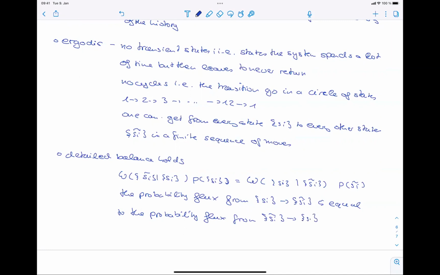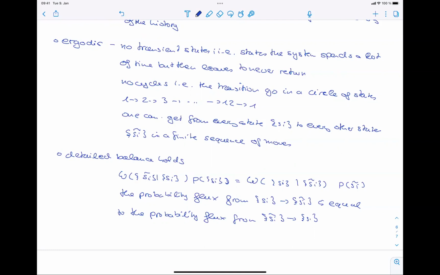So what's the gist behind that? Just as a rule of thumb, what this tells me is I want to go from every state to every state along the system. If I start in a state S and I go to S tilde, my statistics have to be set up such that I'm equally likely to also go back, given that I arrived in the state S tilde.